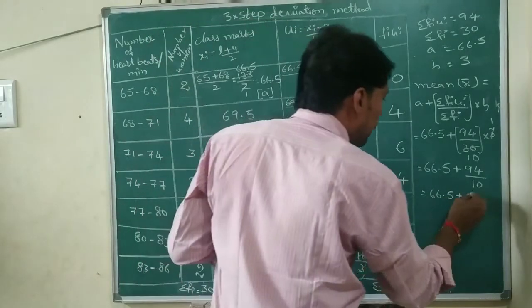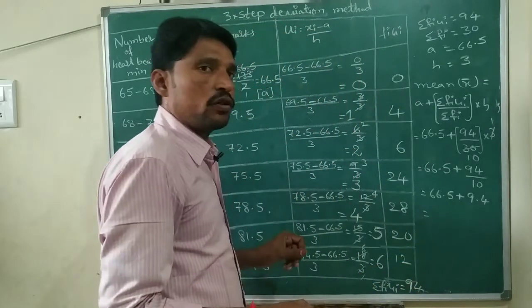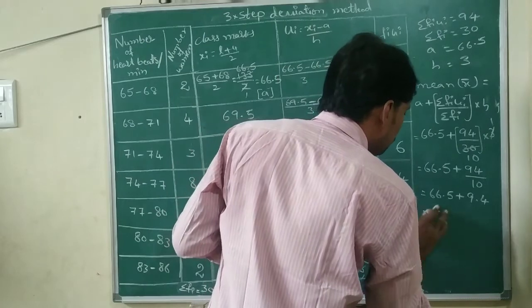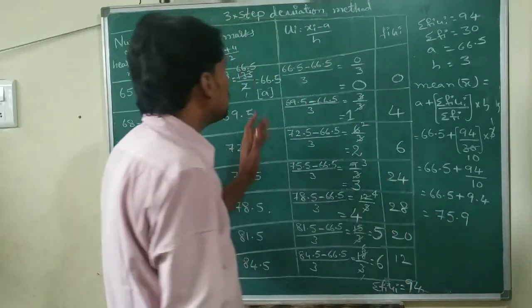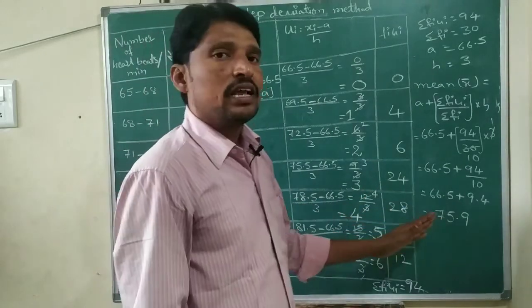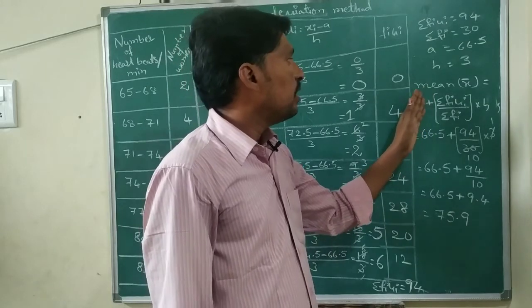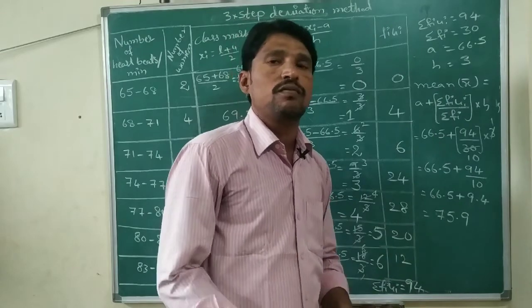That value we are getting is 9.4. So 66.5 plus 9.4, adding the total, we are getting 75.9. So in the step deviation method, we got the mean as 75.9. Here we used the formula a plus sigma fi ui by sigma fi into h.